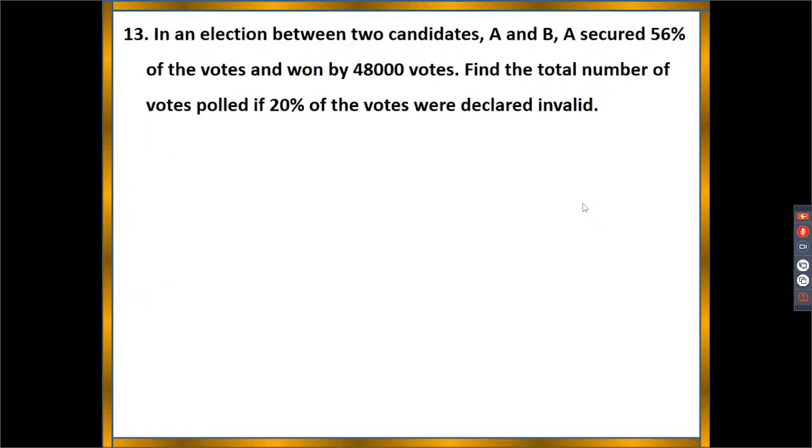Okay, next one. In an election between two candidates, A and B, A secured 56 percentage of the votes and won by 48,000 votes.